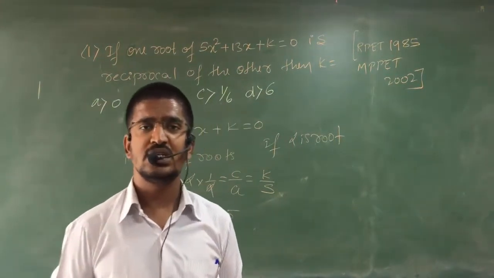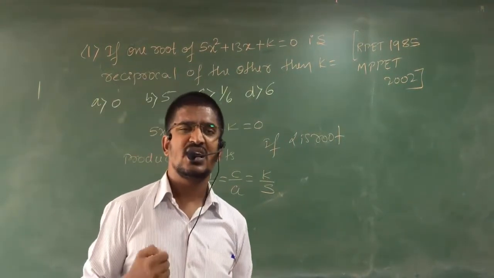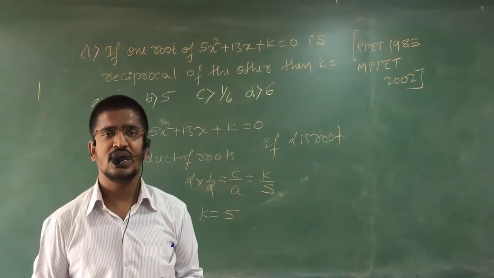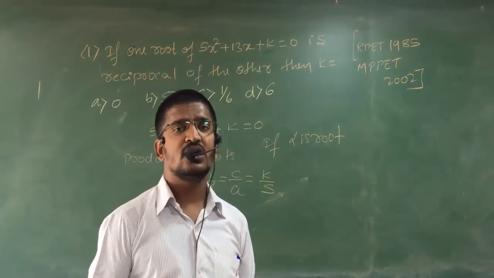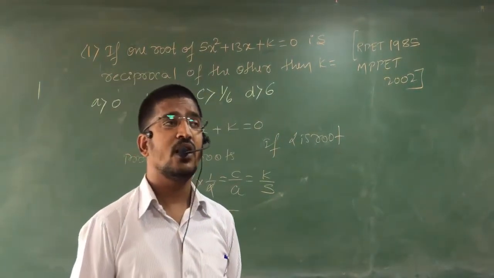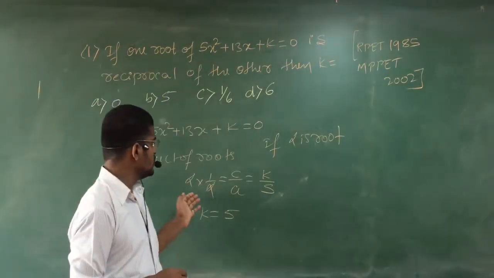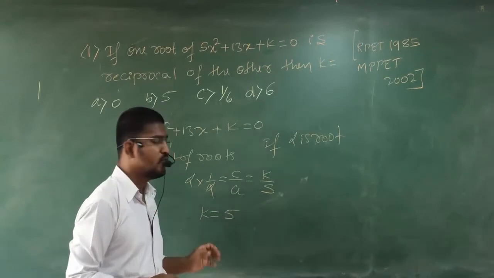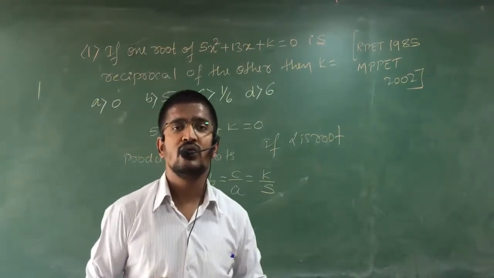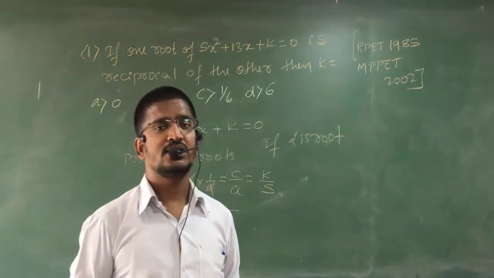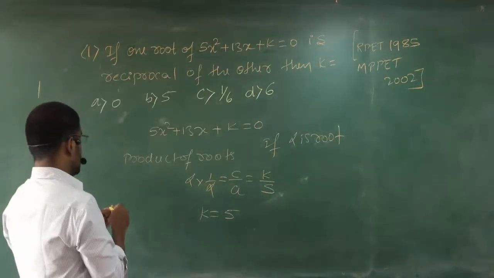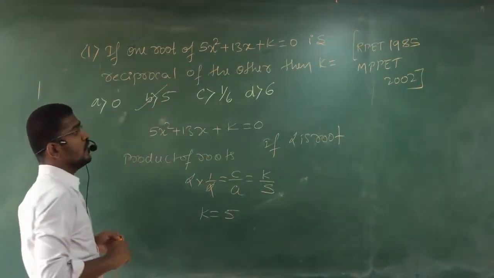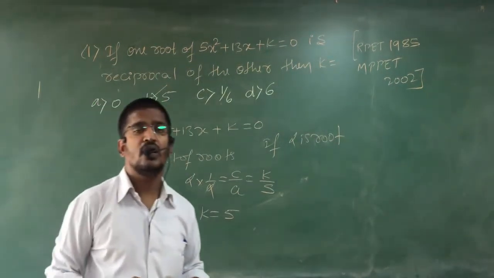They have not mentioned alpha, but let us consider alpha to be one root. That means the other root will be 1 by alpha. So the product of those two will be c by a, that is nothing but k by 5. Therefore k equal to 5 will be your answer. That is option B. So option B is your answer.